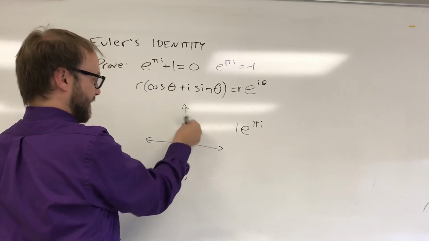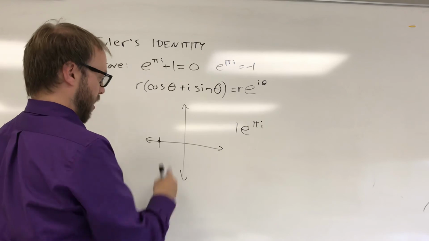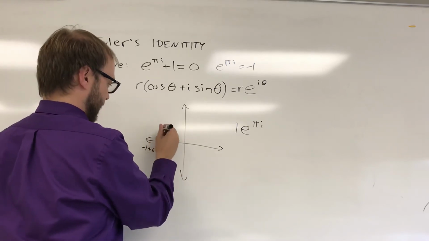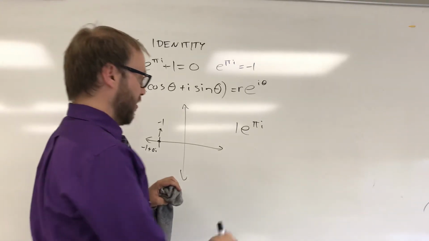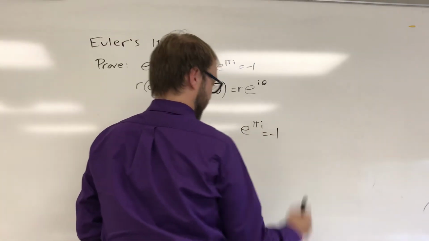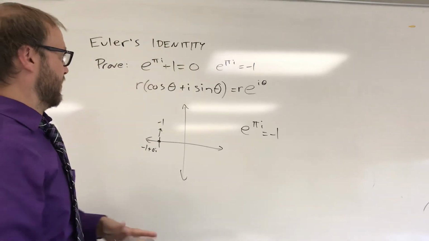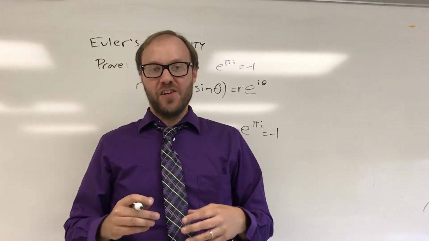So pi radians, same thing as 180 degrees, you're popping up over here at that value, okay? That's -1 plus 0i. That's the value -1, okay? And so we can show that e to the pi i is equal to -1, and then obviously -1 plus 1 is equal to 0, and that is how you can prove Euler's identity using series.